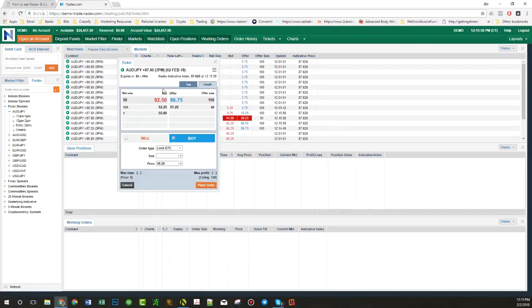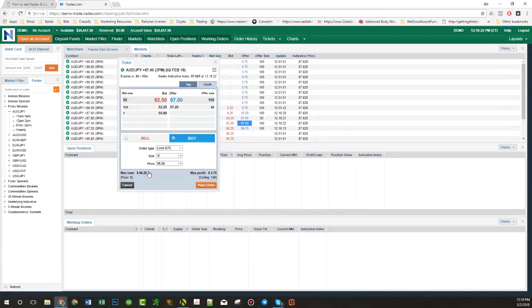And they're so confident in that, for me to get on the buy side at this level, I have to be willing to spend $96.25, which means on one contract, I'm risking $96.25 to make $3.75. Now, that's not a good return on investment, but at this moment in time, it's almost guaranteed money.